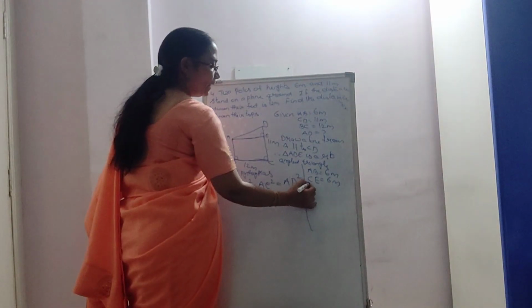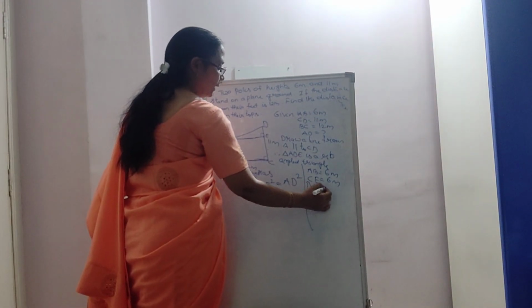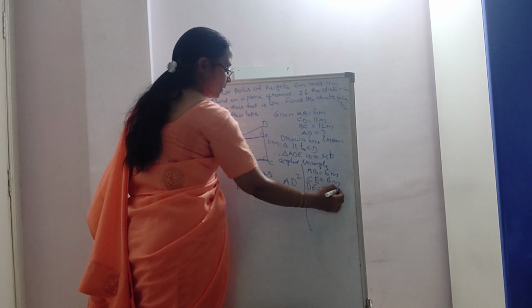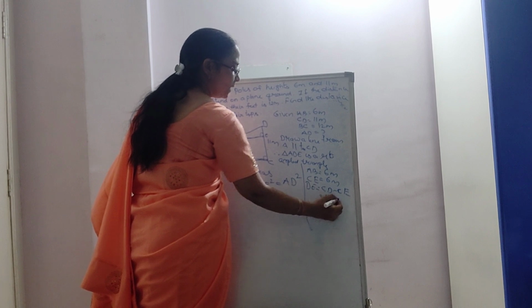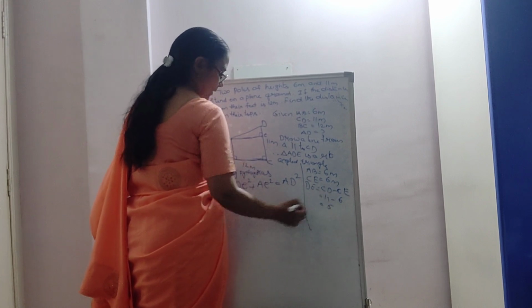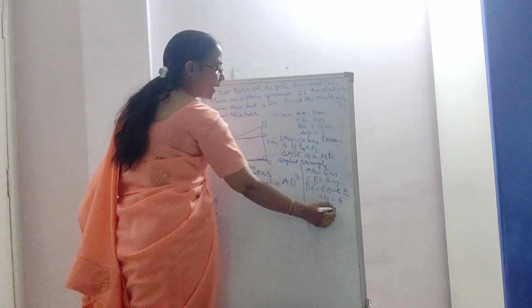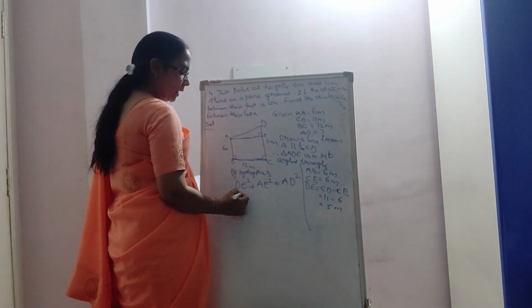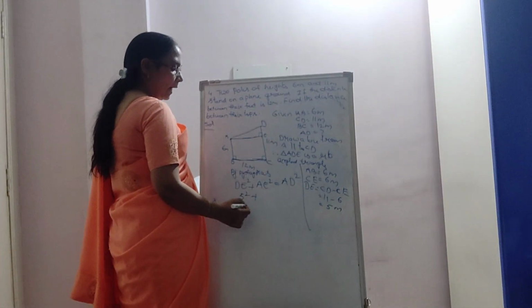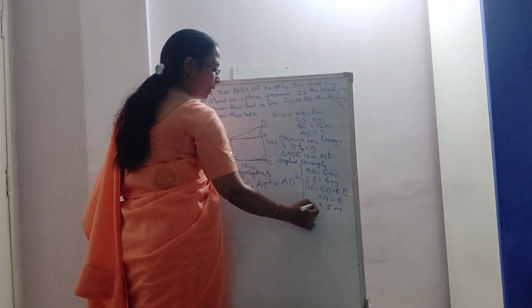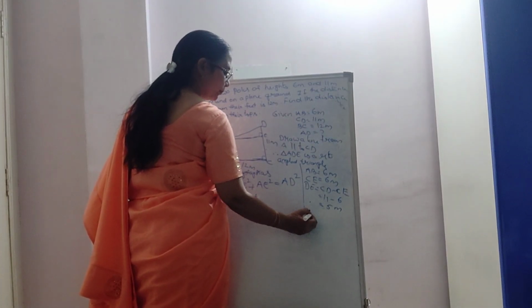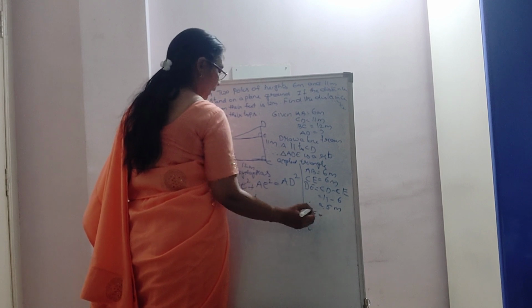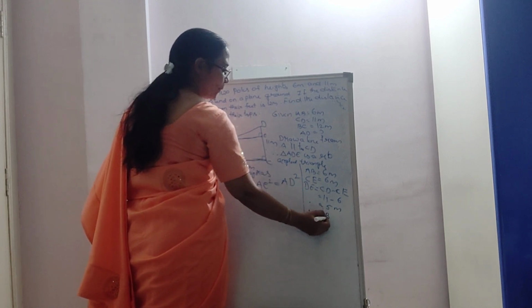So we can write DE is equal to CD minus CE. Your CD is 11, your CE is 6, so 5 meters. So your DE is 5 meters. So DE square, 5 square. AE will be equal to BC.